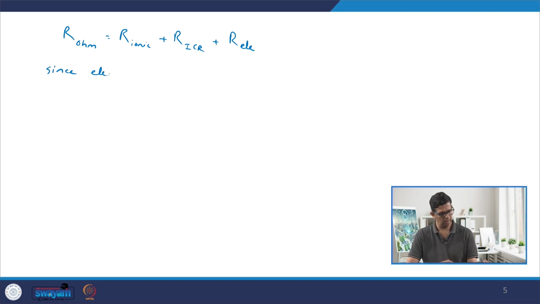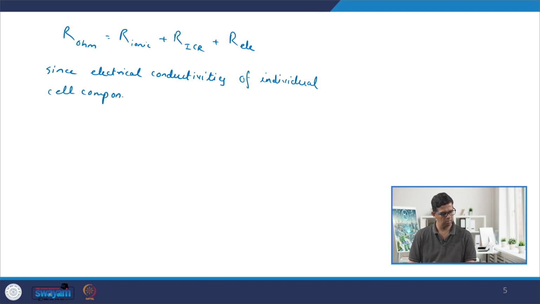Since the electrical conductivities of individual cell components, that is, when you say anode, cathode, I primarily mean anodic GDL and cathodic GDL.